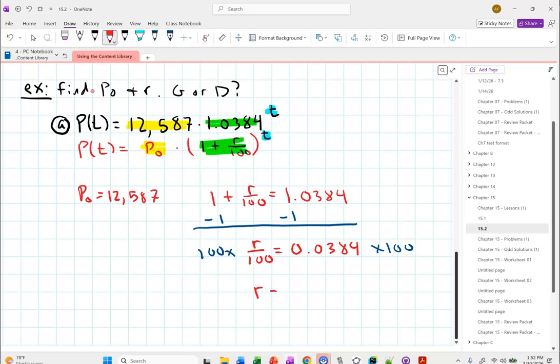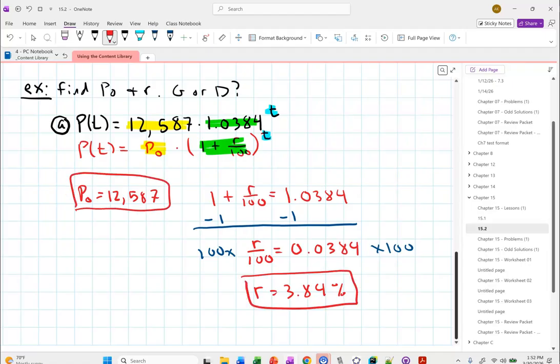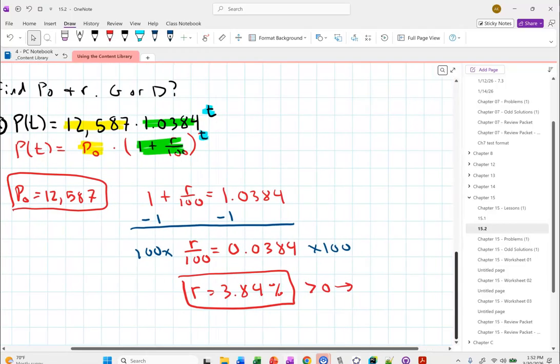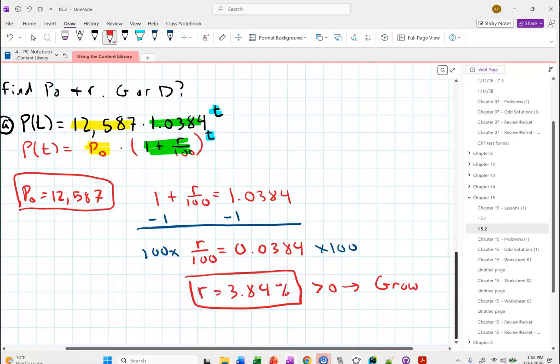I get that R is 3.84%. Is everybody so far so good on how I found the R? And because that R is greater than 0, that tells me that this is growth.